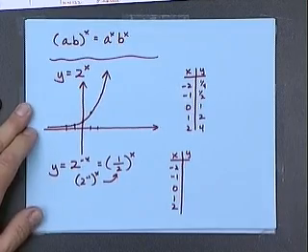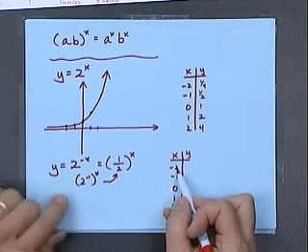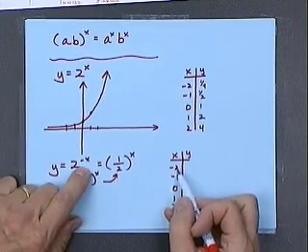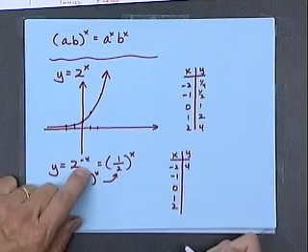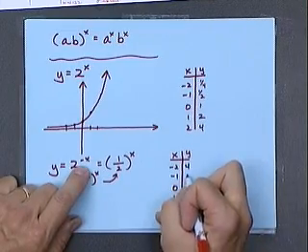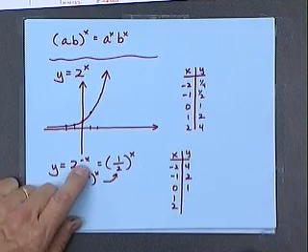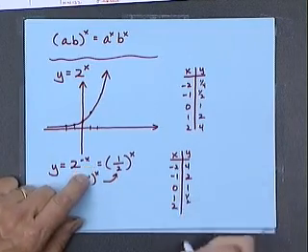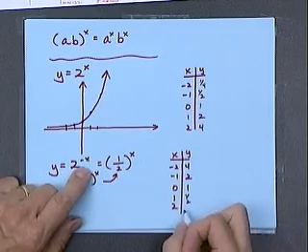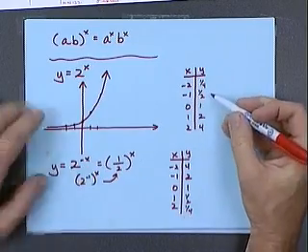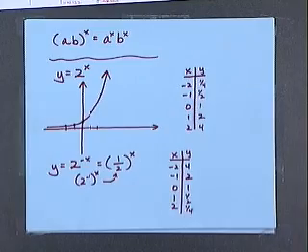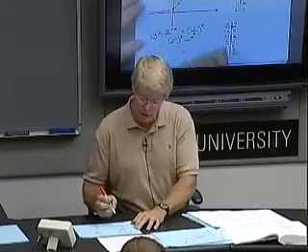So if we plotted some points for negative 2, the first thing we do is negate negative 2, which is 2, so 2 to the 2, which is 4. The negative of negative 1 is 1. The negative of 0 is 0. The negative of 1 would give 1/2, and the negative of 2 would give 1/4. So very similar values, flip-flopped on the other side of the y-axis.